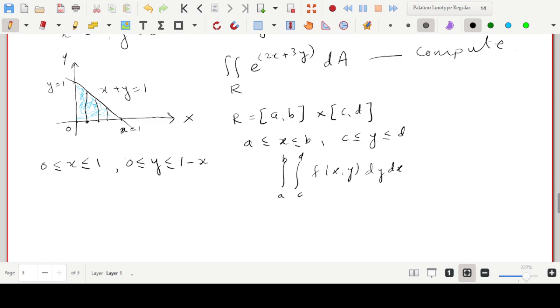Now given this, how are we going to compute the integral of e to the power 2x plus 3y dA over this region? We can use iterated integrals. This was an iterated integral in the case of the rectangle. Here also we shall use iterated integrals, but now the limits will be different. The limit of x is 0 to 1 and the limit of y is 0 to 1 minus x.